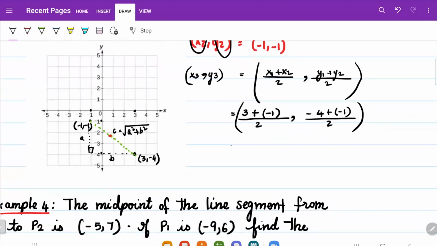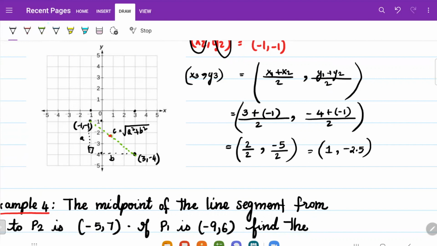Just some arithmetic here. We have 3 minus 1 is 2 by 2. You have minus 4 minus 1, which is minus 5 by 2. So this is 1 comma negative 2.5.